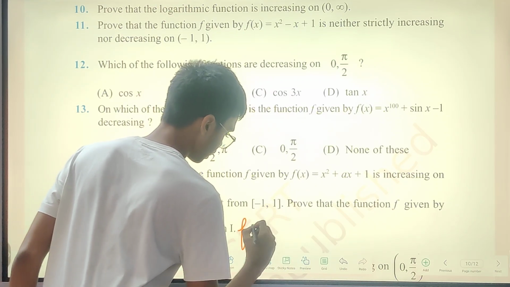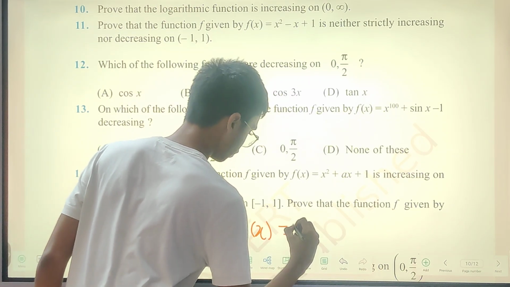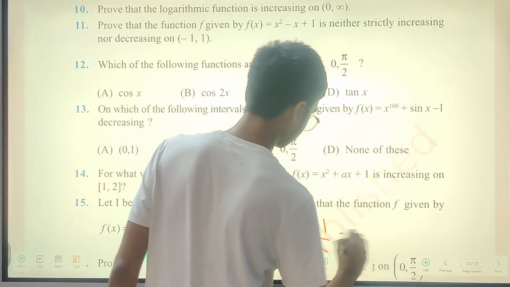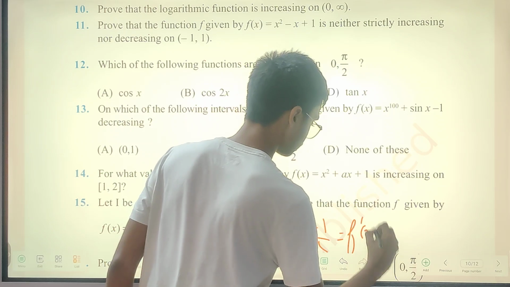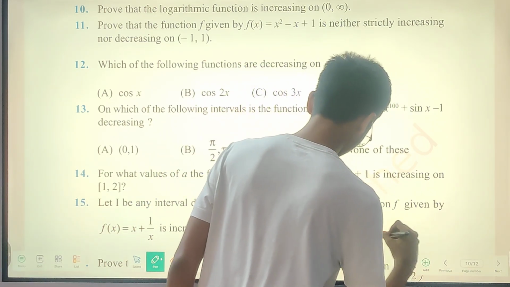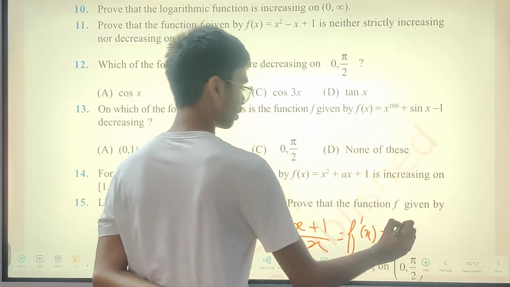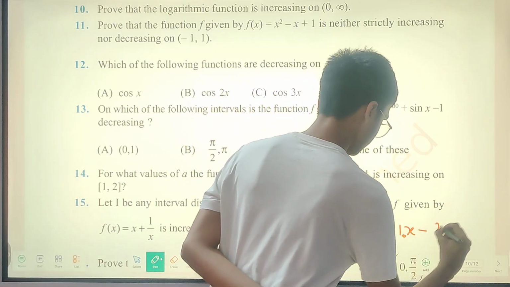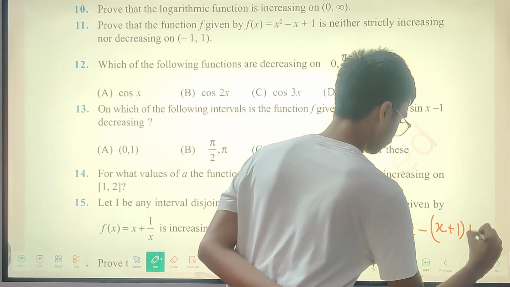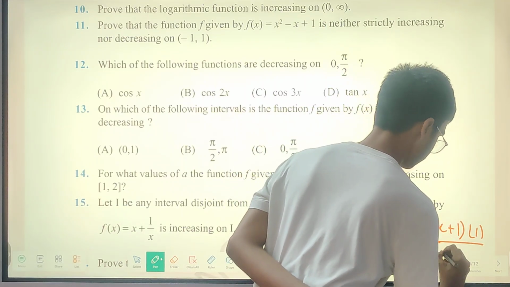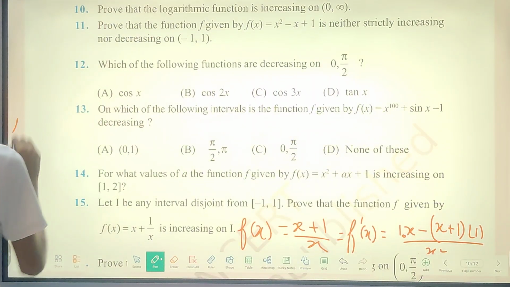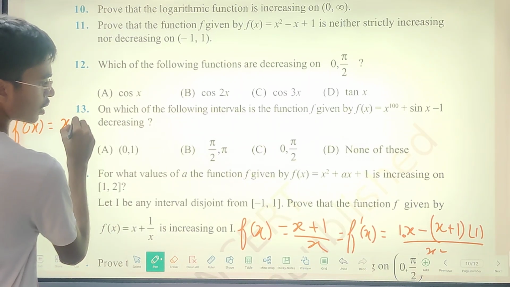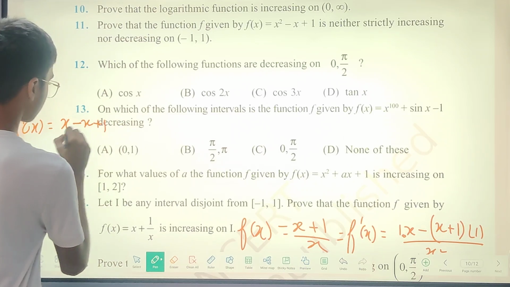f of x is equal to x plus 1 by x. Now we shall differentiate it. Then f dash of x is equal to 1 into x minus x plus 1 into 1, whole divided by x square. So f dash of x is x minus x plus 1 by x square.